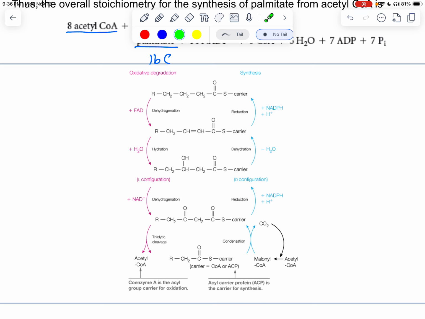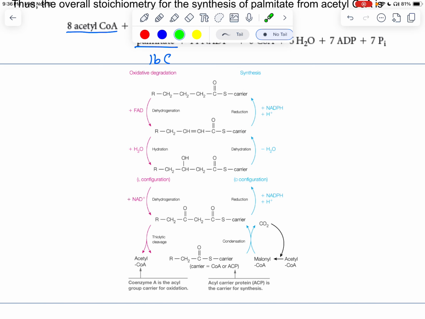So let's just recall beta oxidation. We come in here, we have our molecule, we're going to break it down. It's got a CoA carrier. We are going to oxidize it at first. We get that double bond. Okay, so we have that dehydrogenation, this oxidation step. We get the double bond.